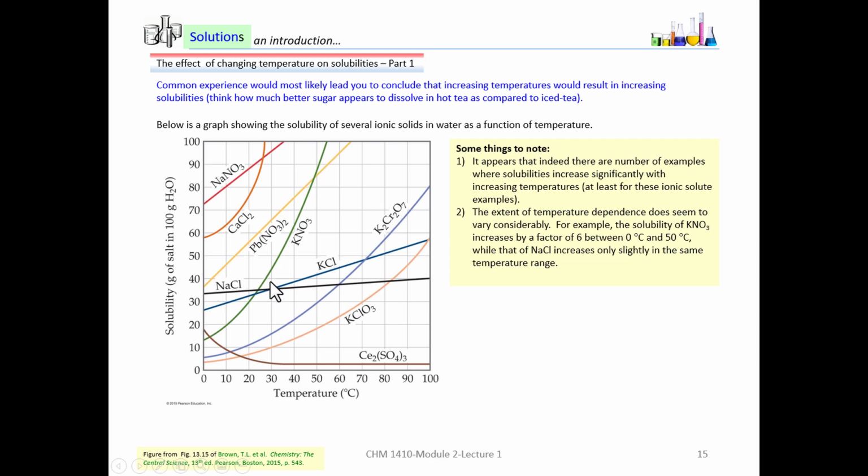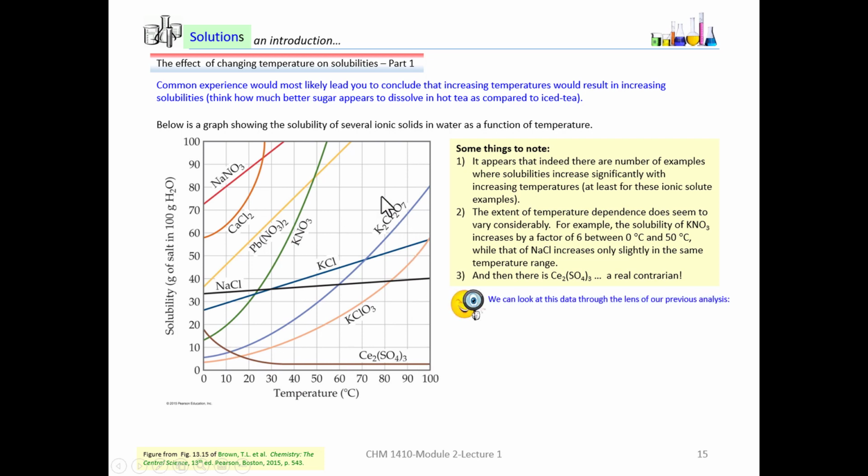So most of the examples show an increase in solubility with temperature increase, although the extent of that increase can vary considerably. And then there's cerium sulfate, a real problem.